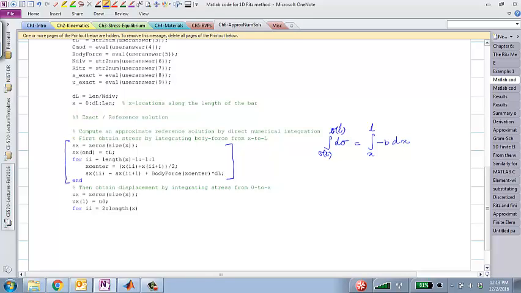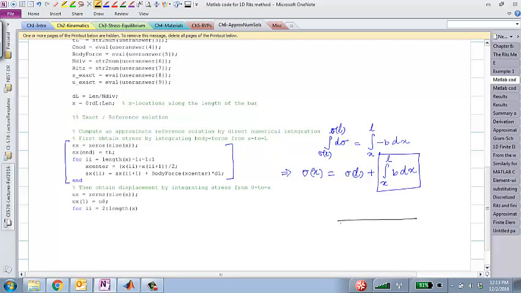Since I don't need the constant, I can evaluate these integrals by numerical approximation, which tells me that sigma x would be equal to sigma L plus the integral x to L b dx. This integral x to L b dx, I can calculate by doing numerical integration.